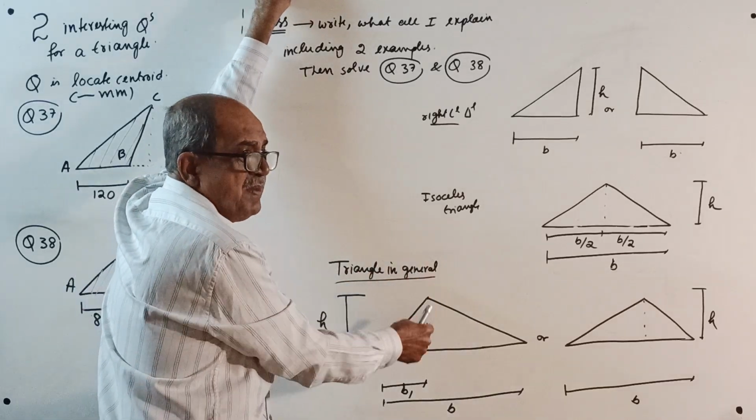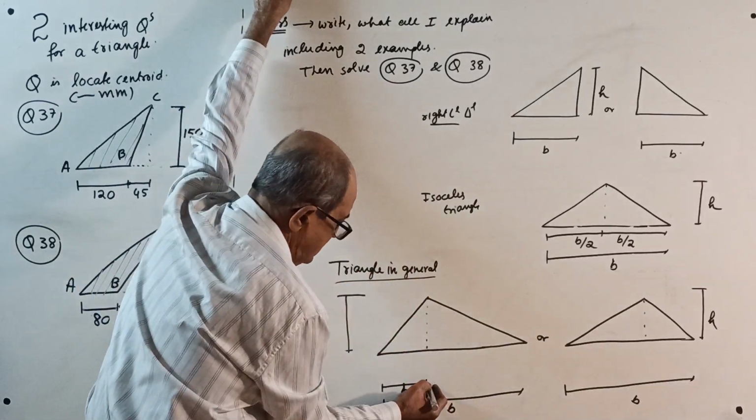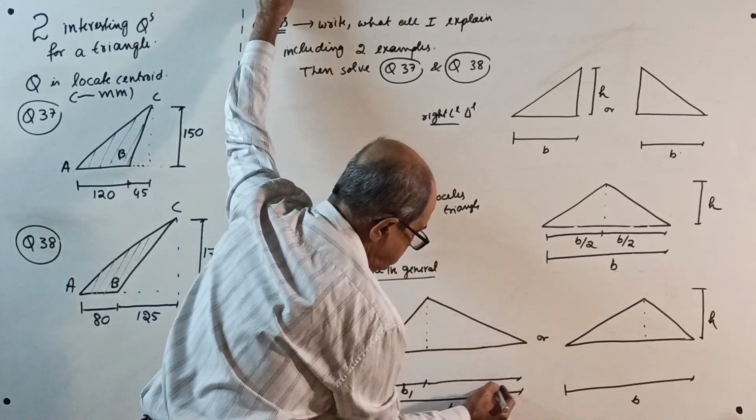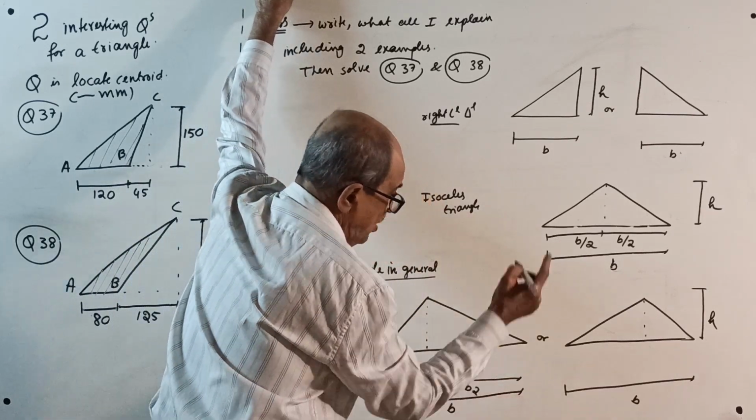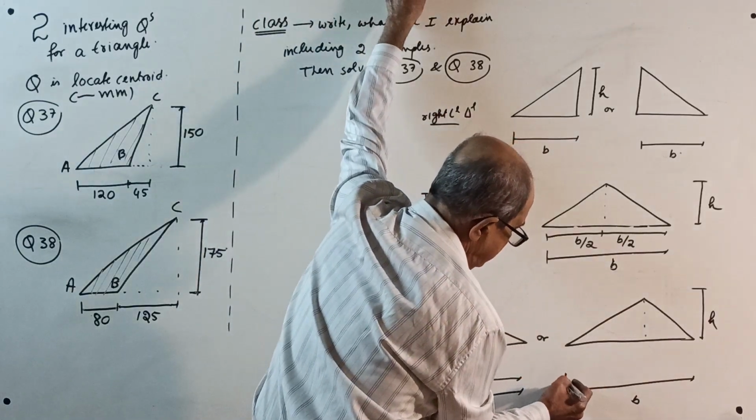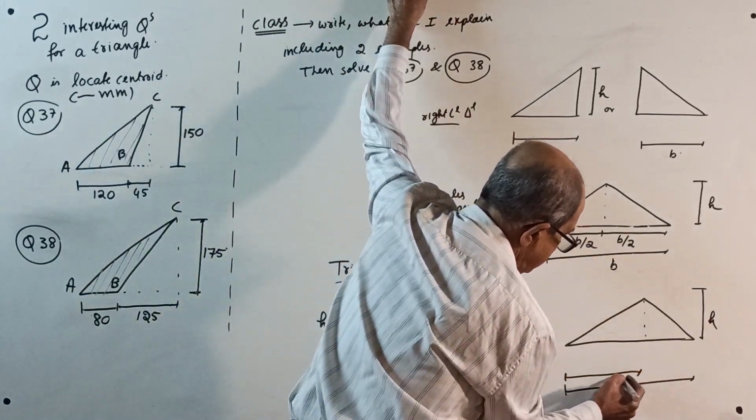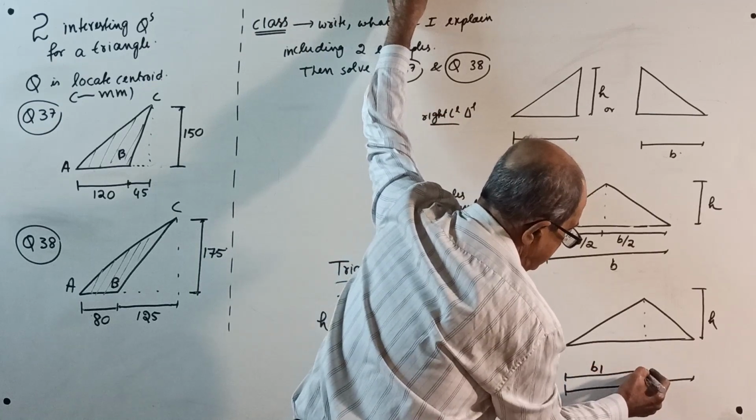From here draw a perpendicular, the left side length, this side told B2. This is B1. This is B2.